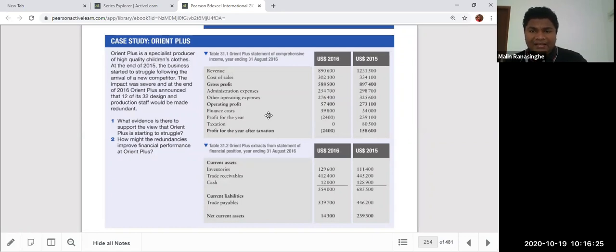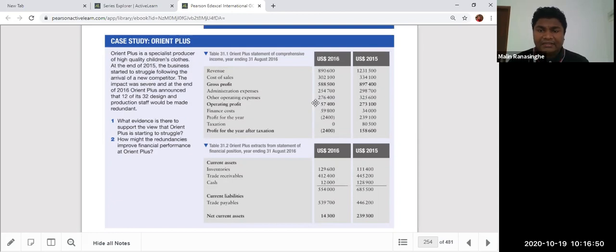And then you can see the disaster happened there. The operating profit has gone down heavily, from 273,100 to 57,400. Oh my God, I see the difference. Looking at the operating profit margin, the situation is very bad.